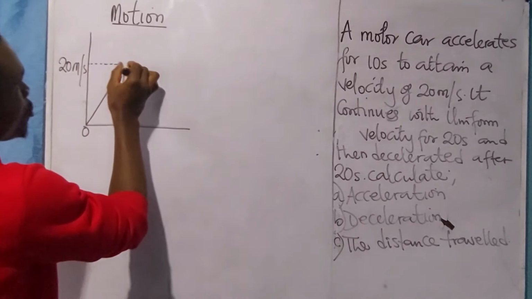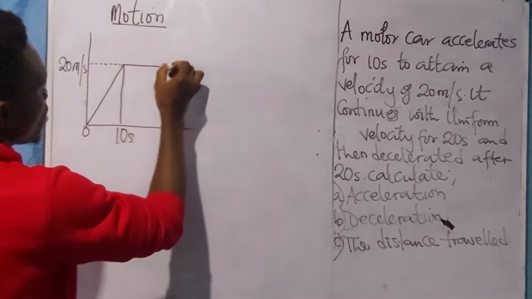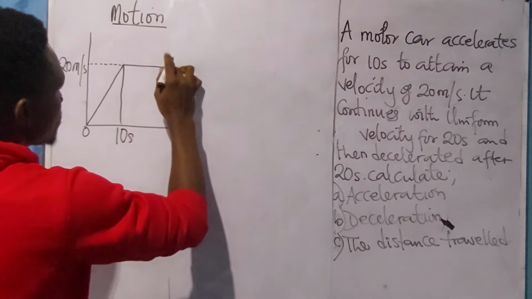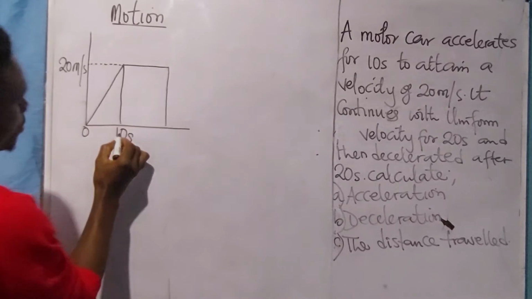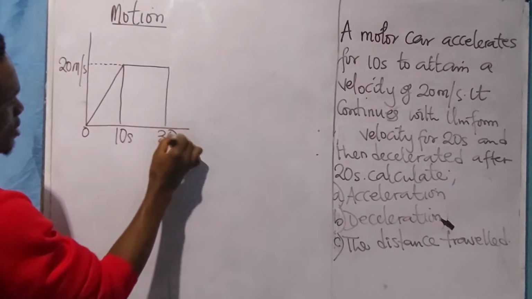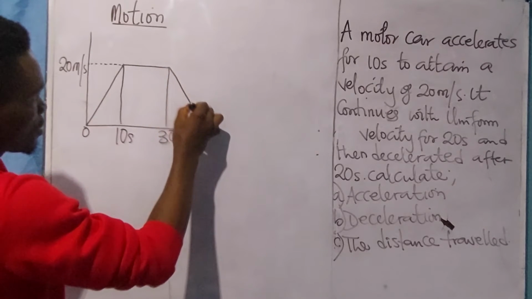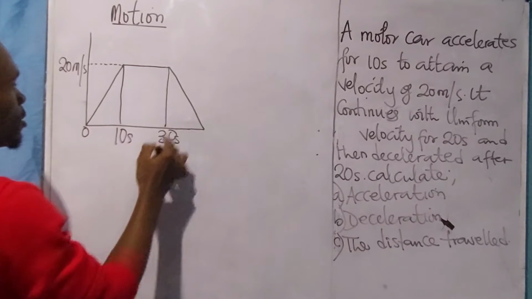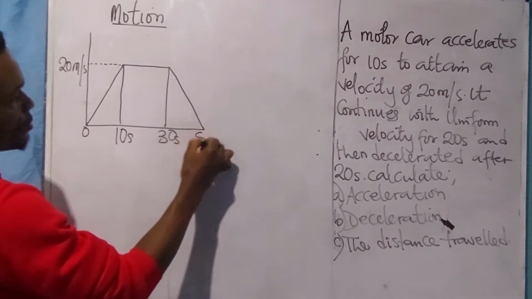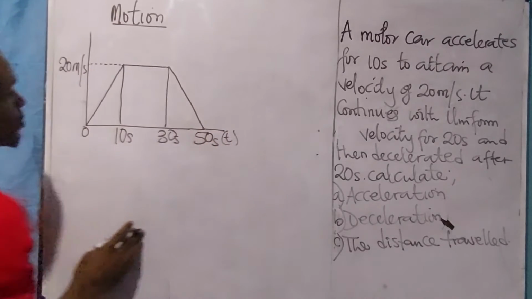It continues with uniform velocity for how many seconds? 20 seconds. So 20 plus 10 is 30 seconds. It then decelerates for 20 seconds. So 20 plus 30 is 50 seconds. All right, so this is the time axis.